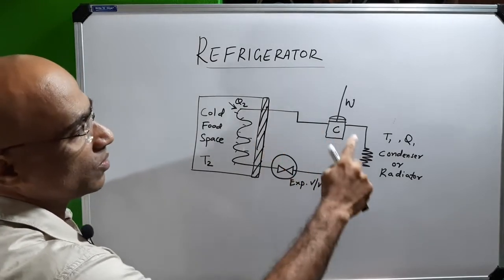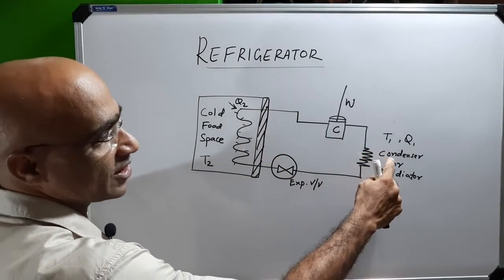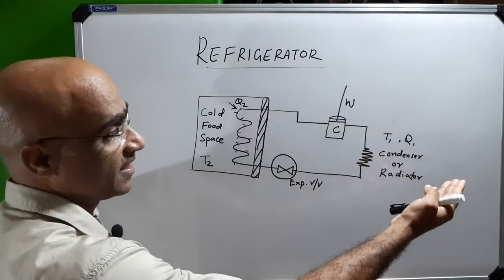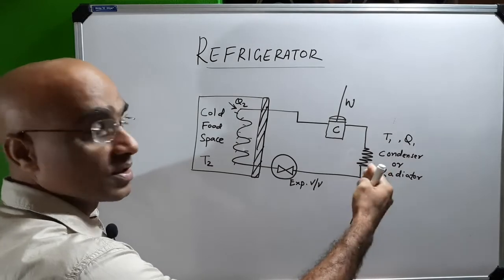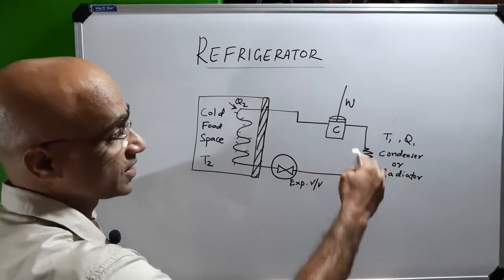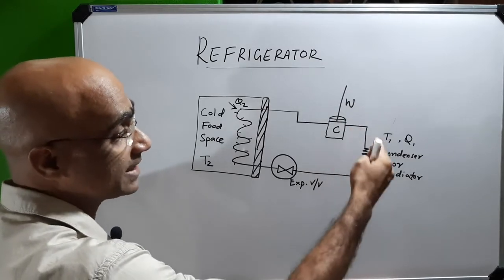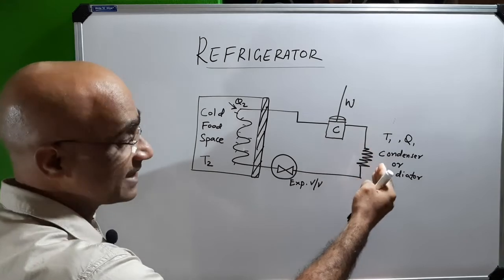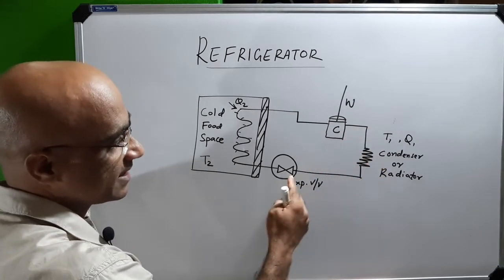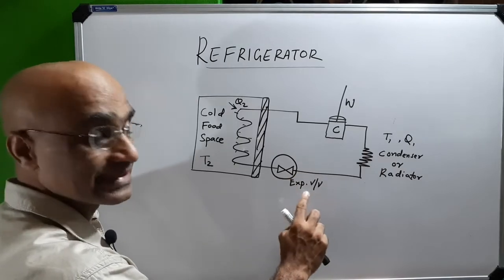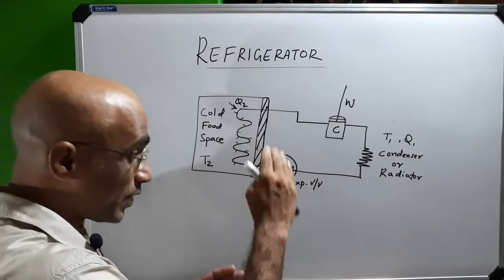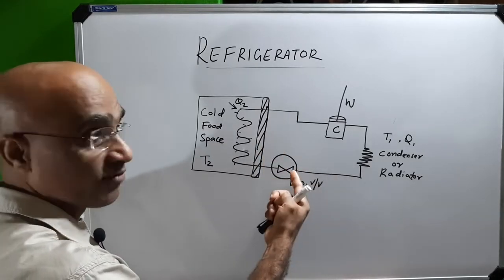So now, after reaching the condenser or the radiator, I mean the external heat exchanger, there is heat transfer into the surroundings, and once there is heat transfer, there is a decrease in temperature. So this high pressure fluid, the gas, reaches the expansion valve, the term itself is clear. The expansion valve quickly reduces the pressure once the fluid comes out of this.